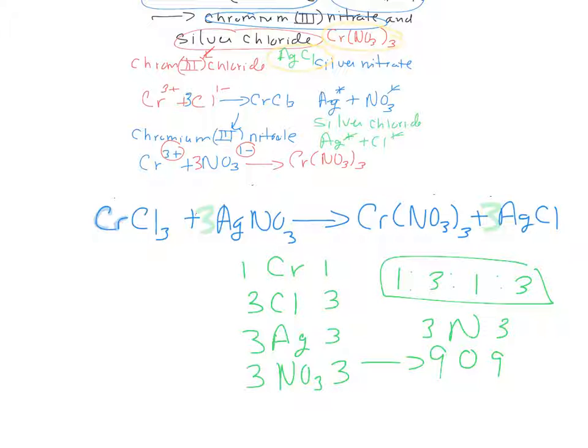My states of matter, I'm going to use the solubility rules. This chromium 3 chloride is a chloride, and remember the exceptions to chloride are silver, lead, and mercury, and so chromium with chloride is okay.